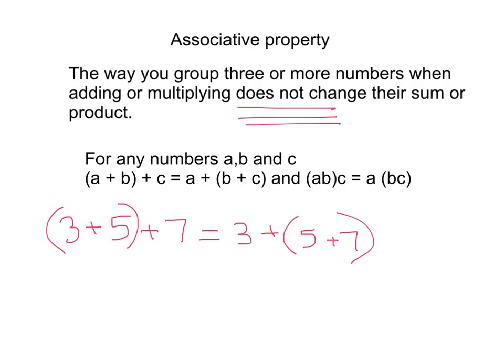So let's do this example. 3 plus 5 is 8, plus 7, and that's going to equal 3 plus 5 plus 7, which is 12. So now if we're adding both of these together, 8 plus 7 is 15, and 3 plus 12 is 15. So if you're solving with the associative property correctly, you should have the same answer on both sides of the equal sign. And this stands true for multiplication as well.